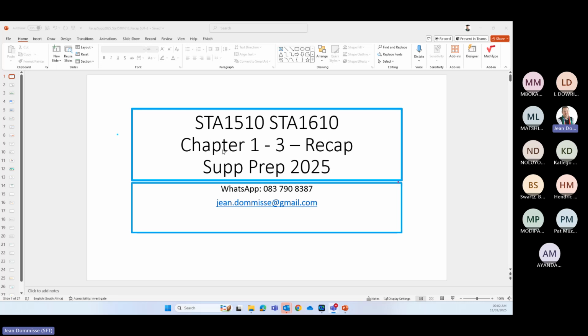So it's the variables, types of variables. Then we go into the data presentation of the information, so pie charts, stem and leaf plots, all those kinds of things. And then the last one for today will be going into a bit of probability as well.